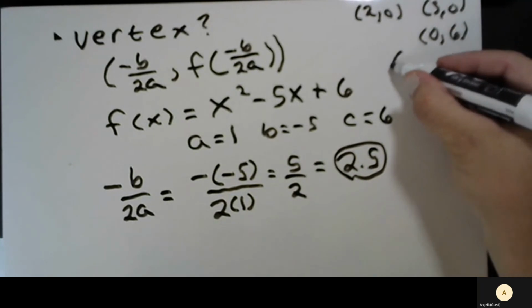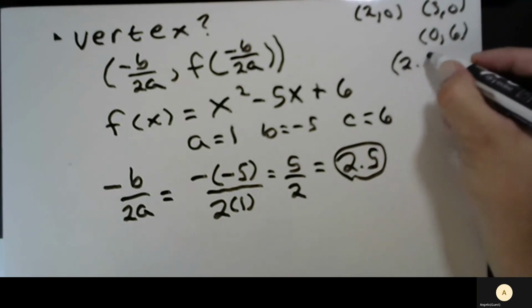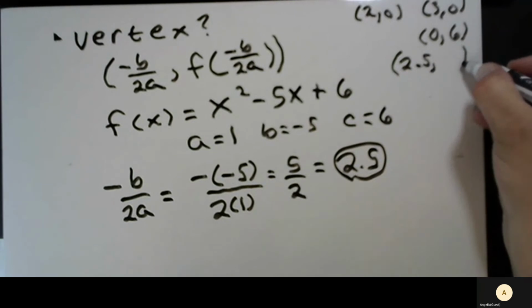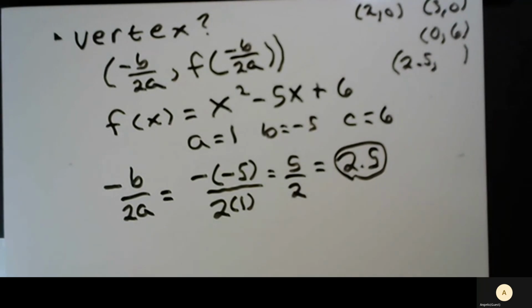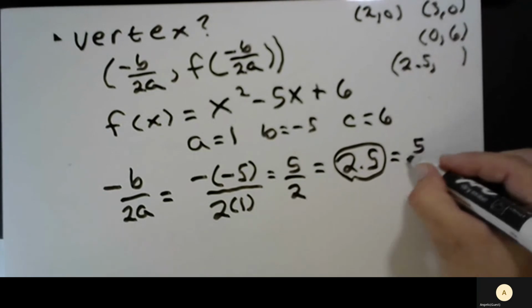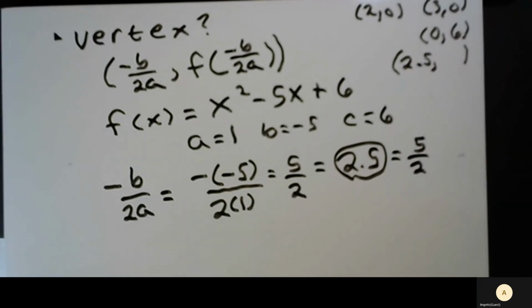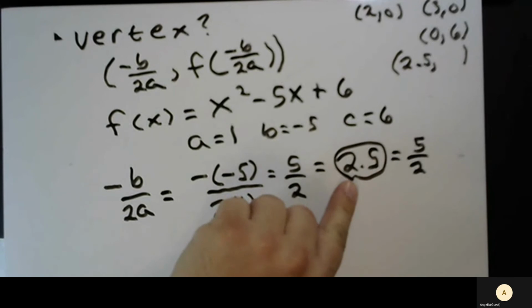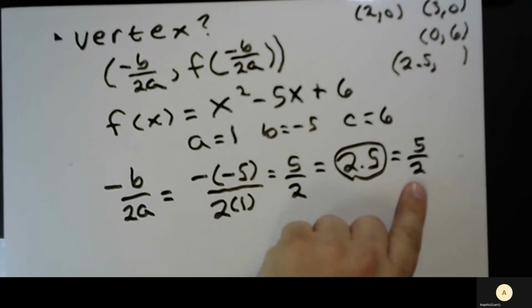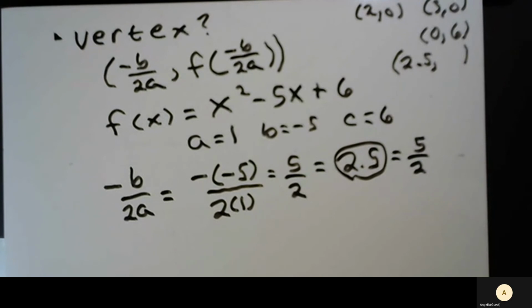I'm going to write that off to the side here. Now you could also call this 5 halves, because 5 divided by 2 is 2.5. Now for doing the calculation, I'm going to use fractions just because I think a little better in fractions. At least that's what I tell myself.